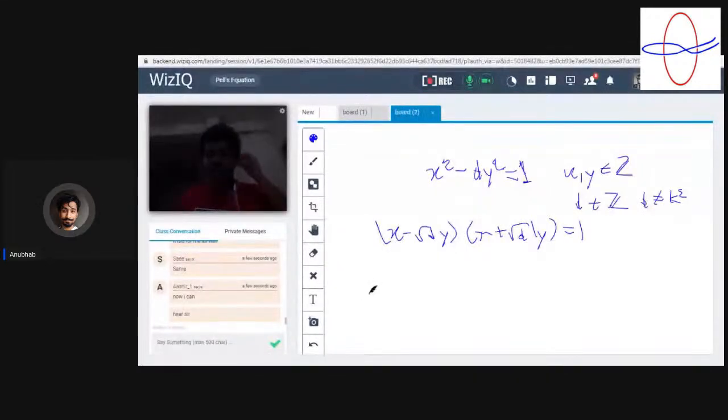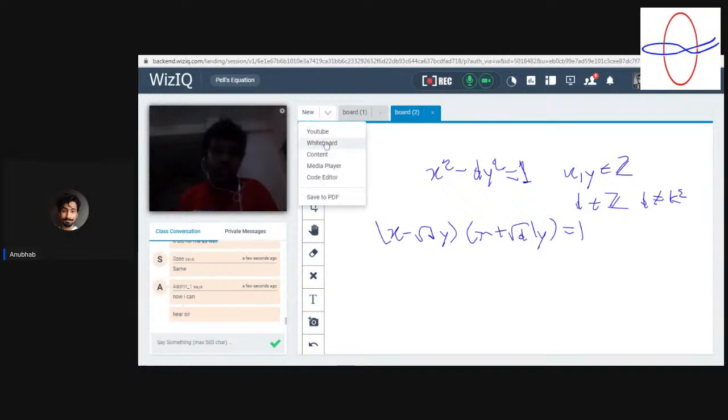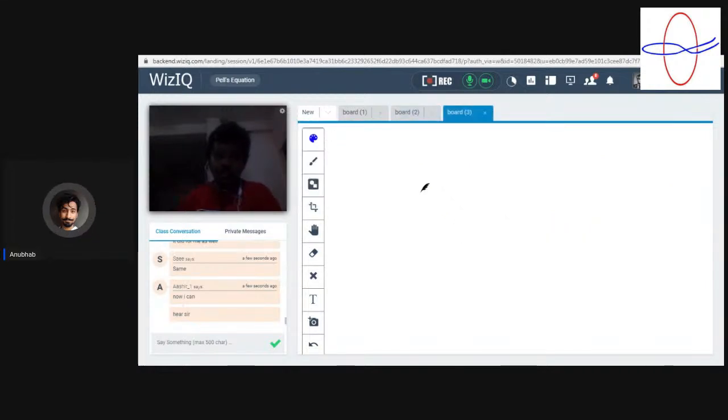What we'll try to do right now is study such numbers. We'll study numbers of the form x plus y root d, where root d is an irrational number, by which I mean that d is not a perfect square, as I already said.